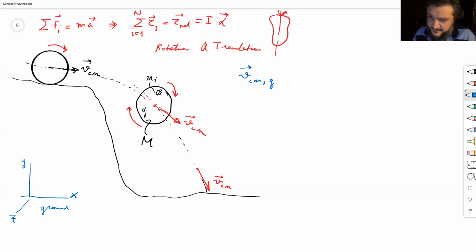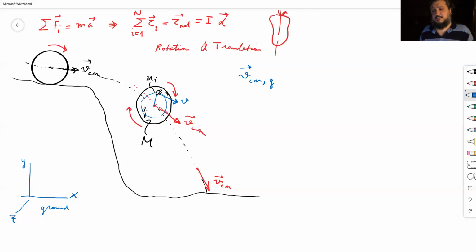Now, since we have an axis here and rotation about that axis, that m_i being r away from the center is actually going in circles around the center of mass, this blue circle. On that circle, we have this tangential velocity vector. Tangential means it's going to be perpendicular to that radius here. So something like this.